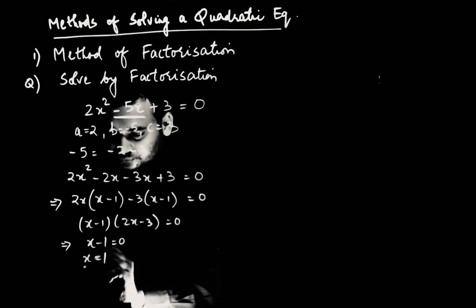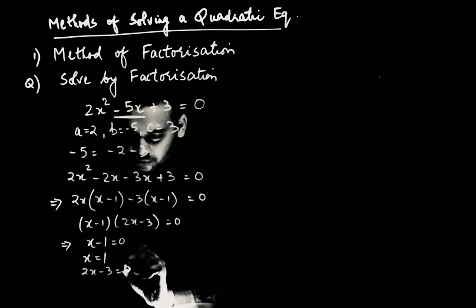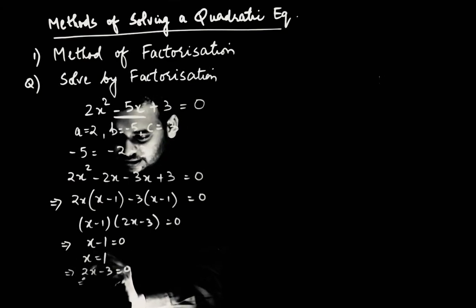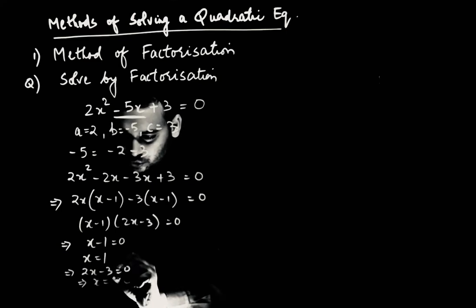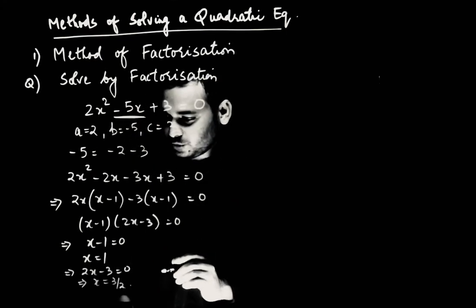Similarly, you can say 2x minus 3 equal to 0, and then you will get the value of x equal to 3 upon 2. So we have two answers here.